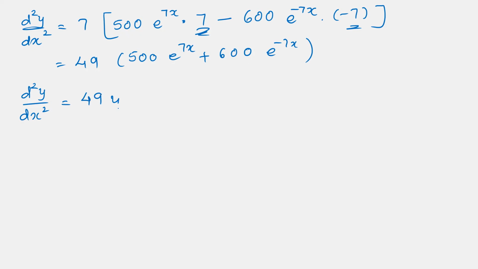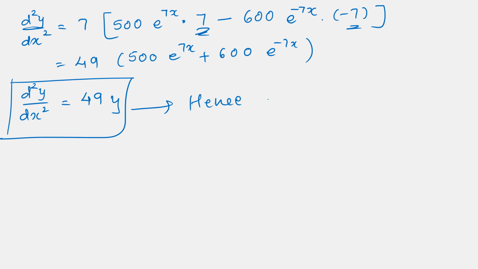So it's 49 y. Hence proved. The bracket was nothing but y. These are not difficult questions; these are very easy questions. Let's keep the next question for the next class.